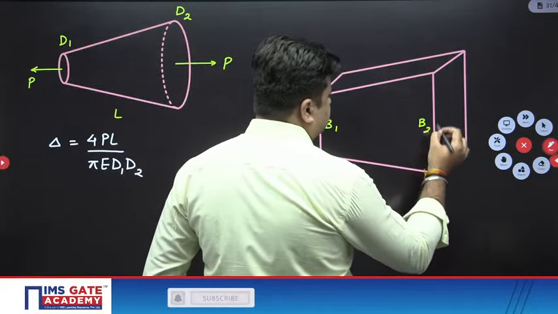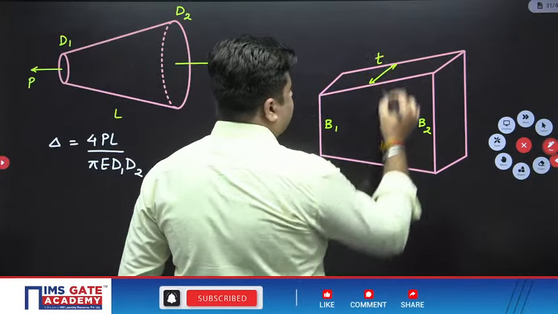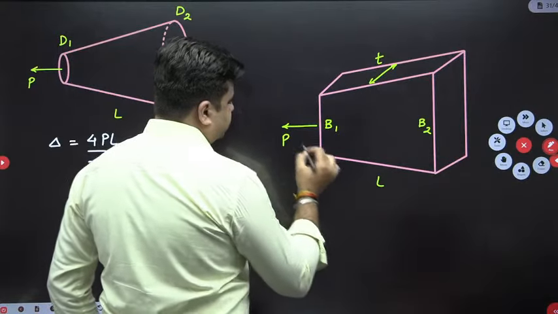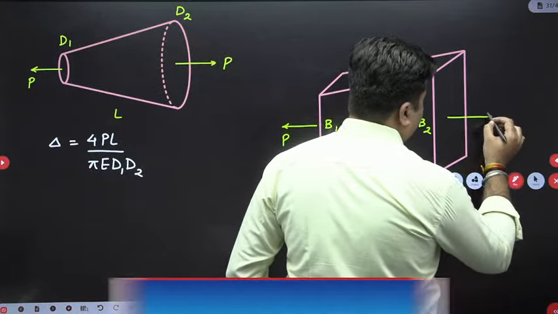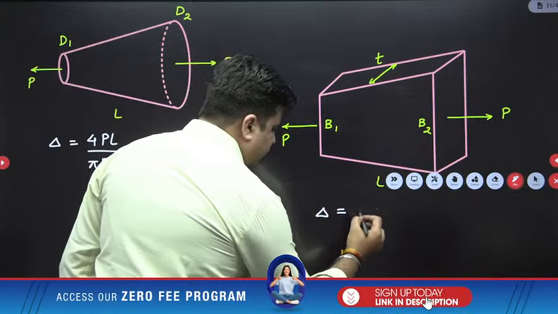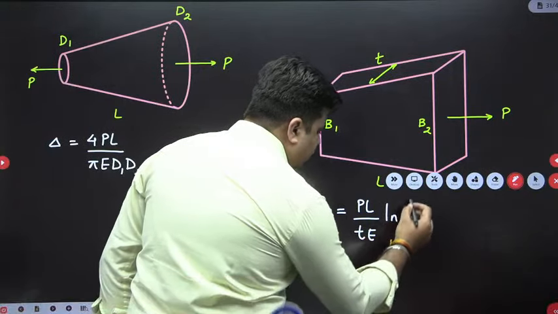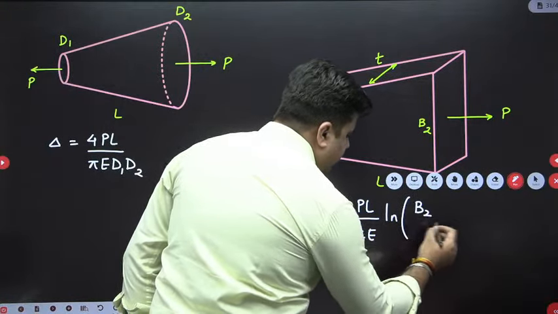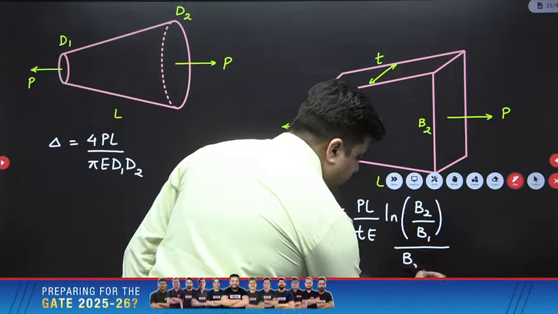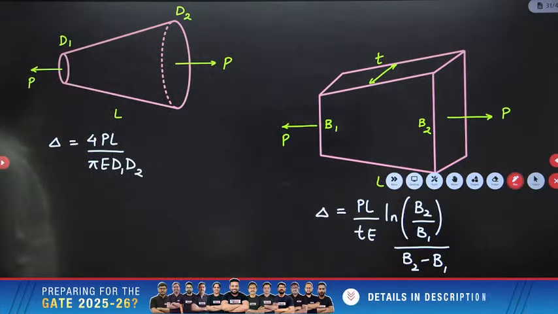The thickness of this bar is T, and the length of this bar is L. If it is subjected to an axial load of P, the total deformation of the bar delta is equals to PL upon TE, natural log of B2 by B1 divided by B2 minus B1.